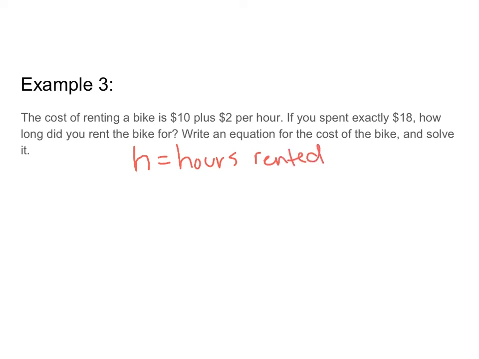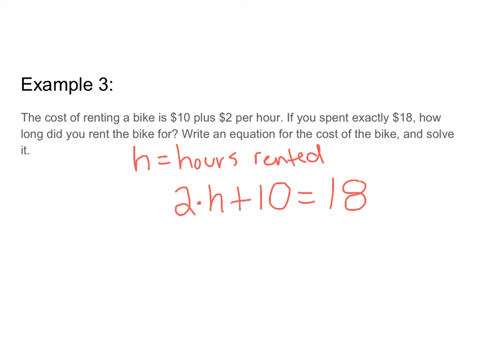And I know that it's $2 per hour, so 2 times the number of hours, and then I'm going to always have to pay that $10 flat fee. And I spent exactly $18, so my $2 an hour plus $10 equaled $18 total.